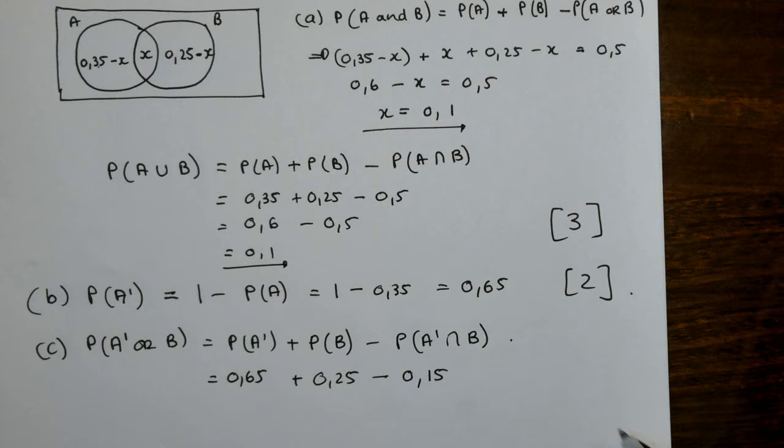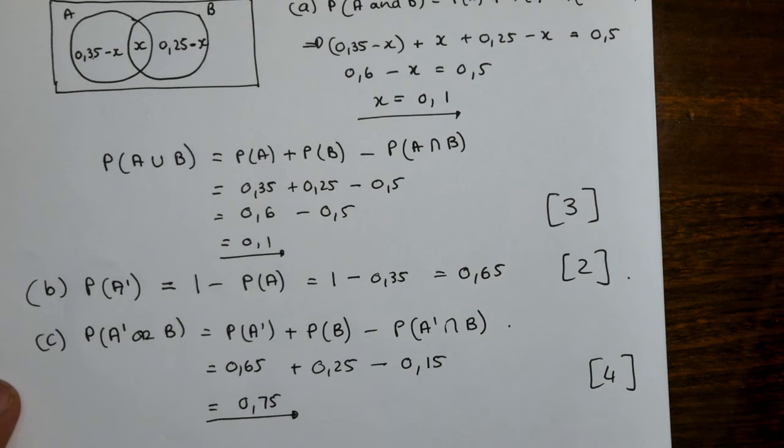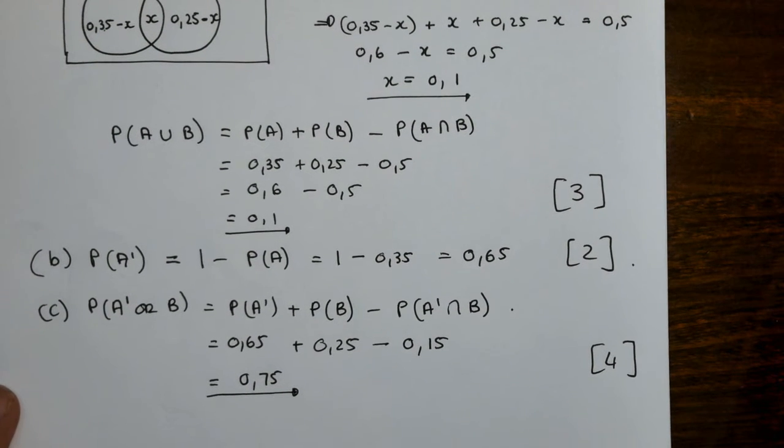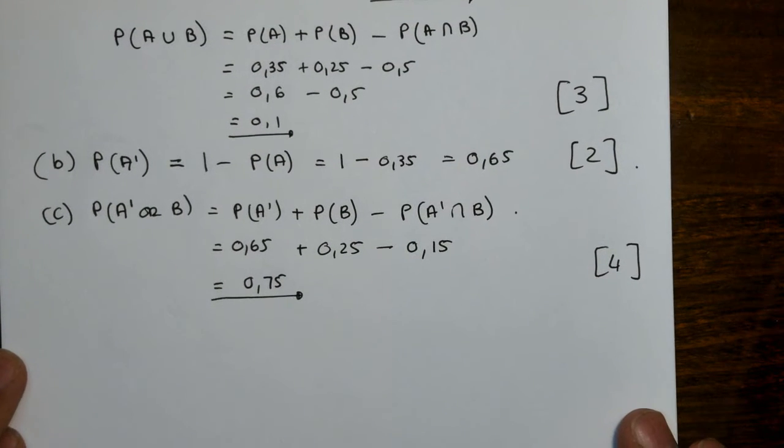Okay, this one is for a beautiful 4 marks. So let's see, 0.65 plus that is 0.9, minus 0.15 is 0.75. Wow, that's beautiful. I absolutely like this. Probability is not difficult, you just need to know your rules quite well.